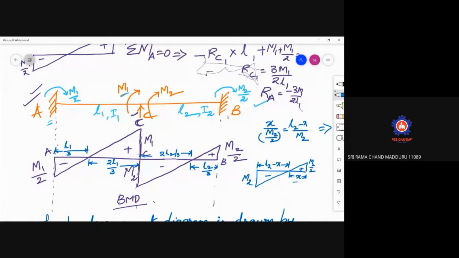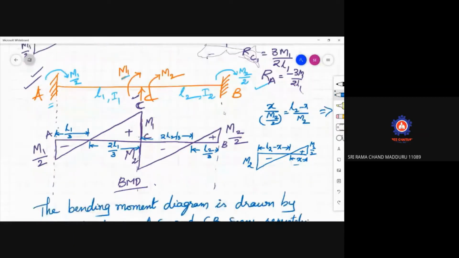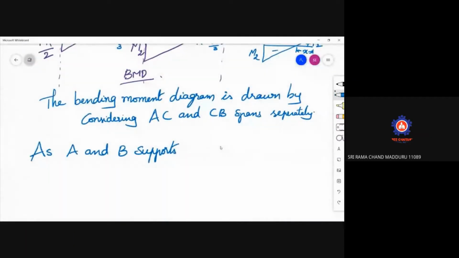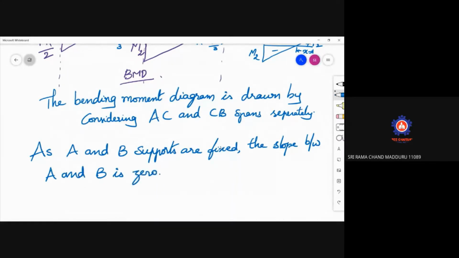When the A and B supports are fixed, the slope between A and B is 0. So between A and B, the slope is 0.